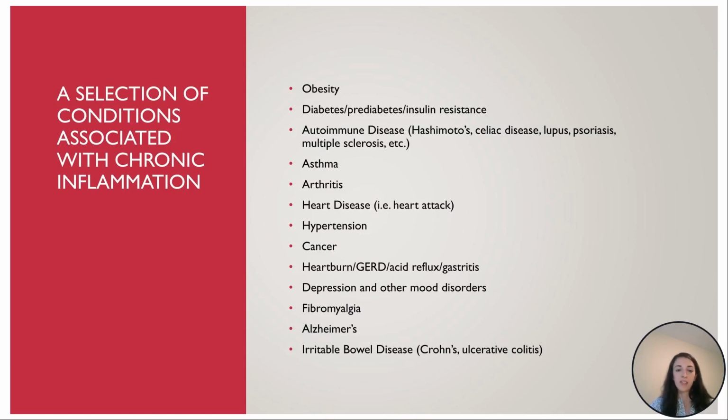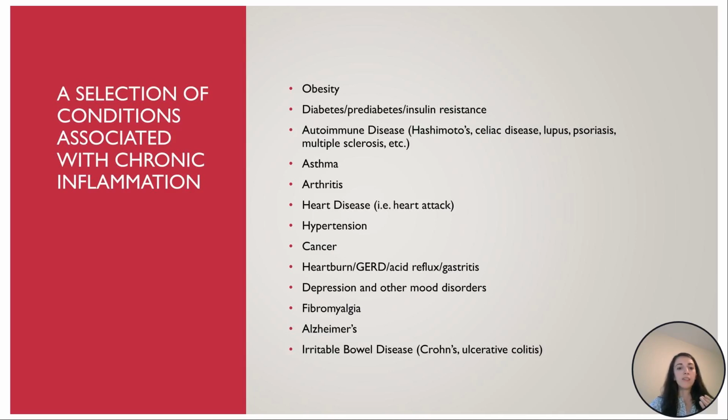So here are some of the conditions that can be certainly made worse by chronic inflammation, and they're tightly linked. Really, it's almost any health condition, inflammation is playing a role. And we see that a lot with metabolic conditions, like with obesity, diabetes, prediabetes, insulin resistance, heart disease, cholesterol, high blood pressure, different gastrointestinal conditions like GERD or heartburn, irritable bowel diseases like Crohn's and ulcerative colitis.